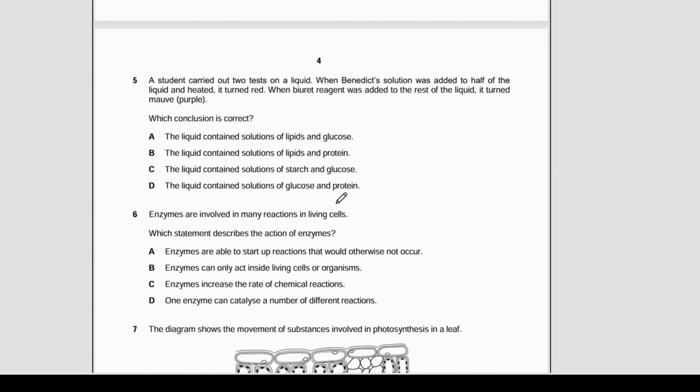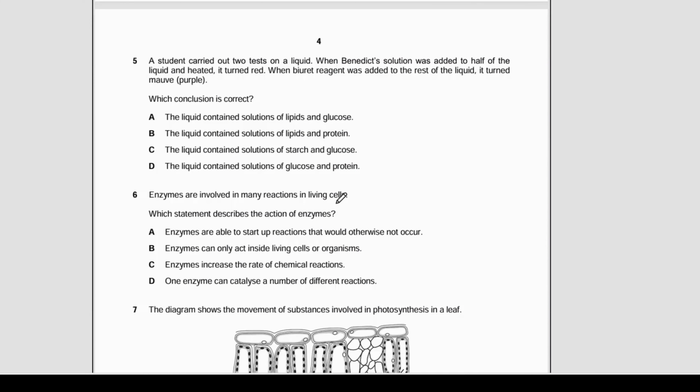Next one is a student carried out two tests on a liquid. When Benedict's solution was added to half of the liquid, it turns red. So it means it's a positive test. Which thing is present? Glucose, reducing sugars. Okay, when Biuret reagent was added, it turned mauve or purple.